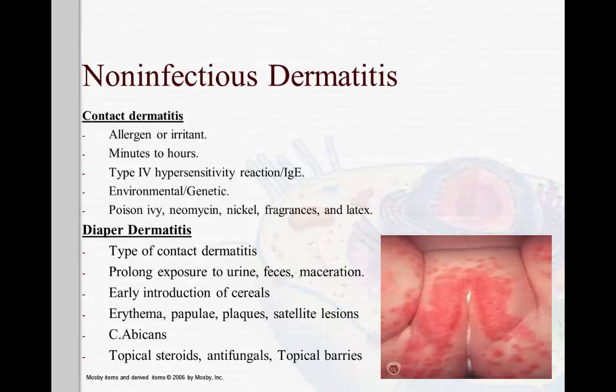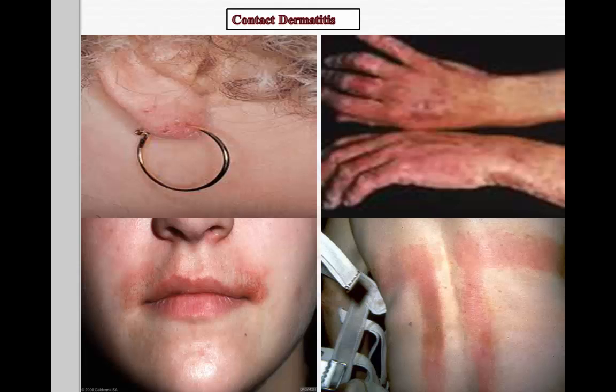Symptoms and signs, as I explained, very pruritic. It could cause erythema, erosion, pustules, edema. But the best clue is that it is bilateral and symmetric. So, for example, you could tell that this patient is allergic to nickel.